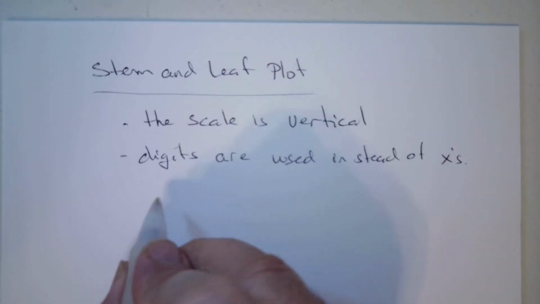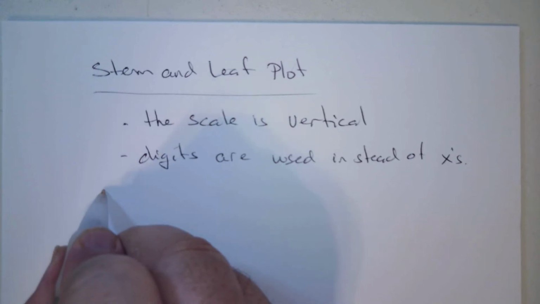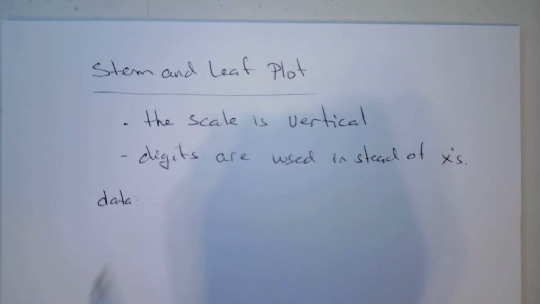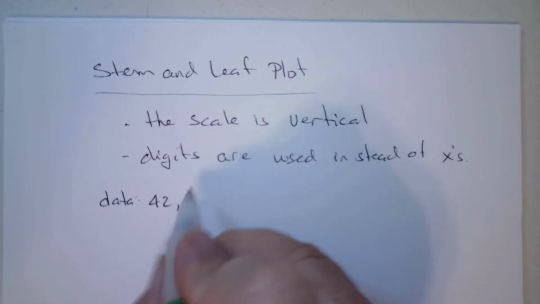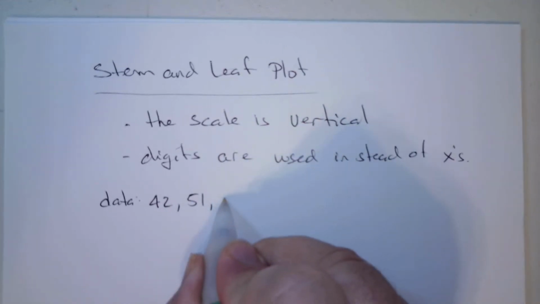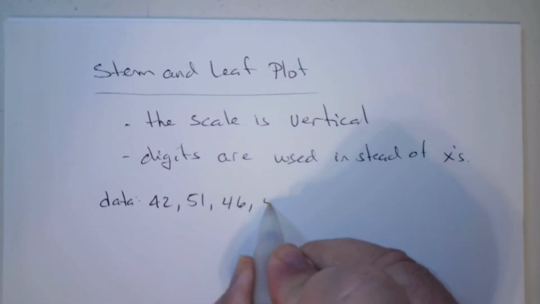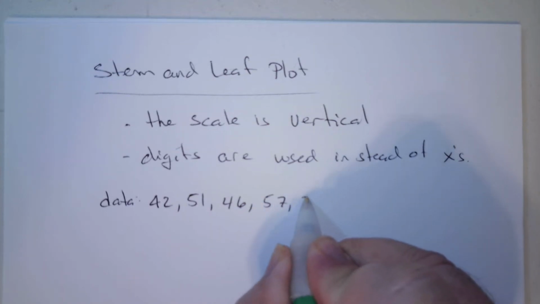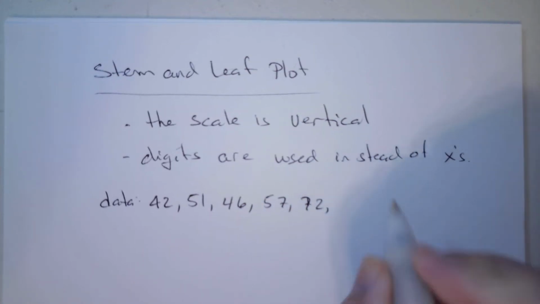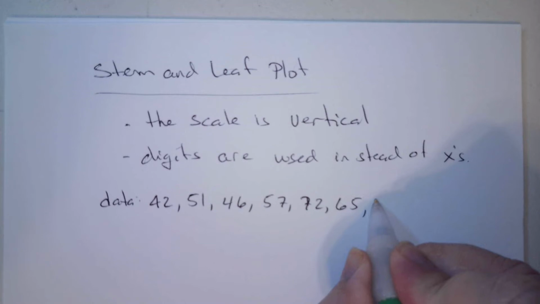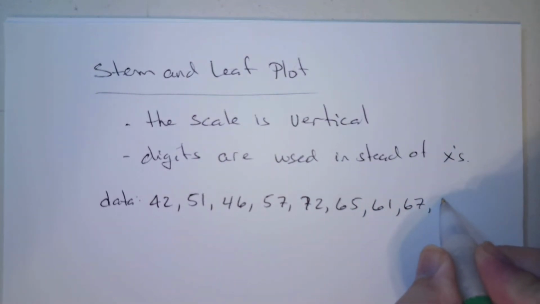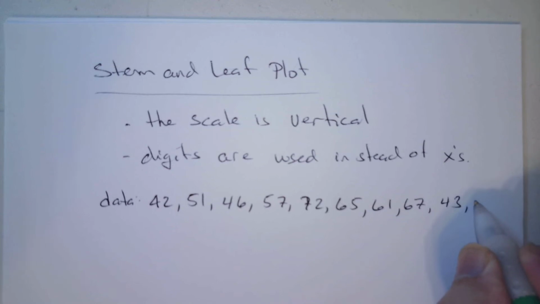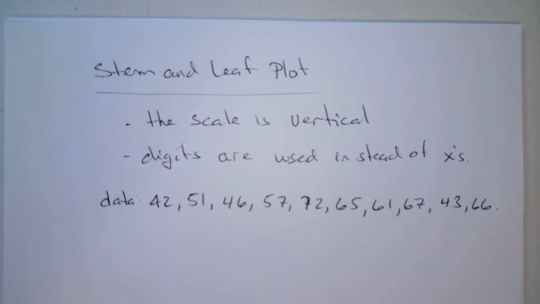So for example, here's our data: 42, 51, 46, 57, 72, 65, 61, 67, 43, 66.